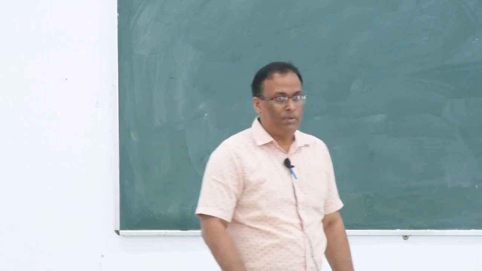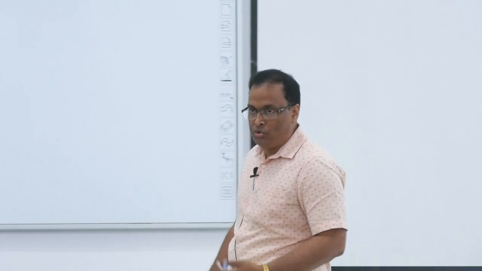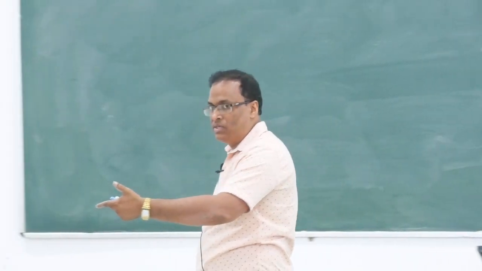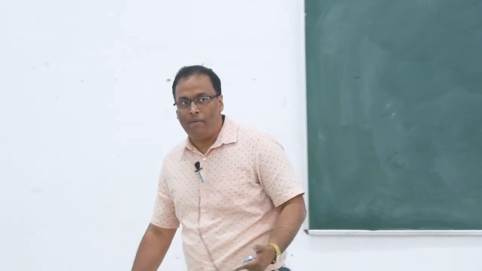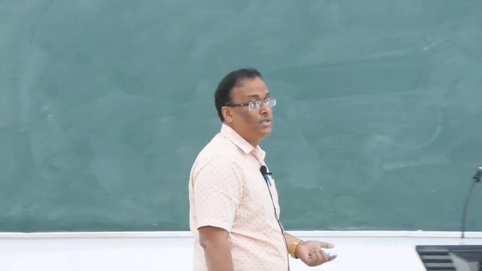Again I am repeating: hypothalamus, pituitary, pineal gland, thyroid, parathyroid, thymus, stomach, intestine, adrenal gland, pancreas, gonads, male and female gonads. Okay, so these are all the glands where hormones are released.